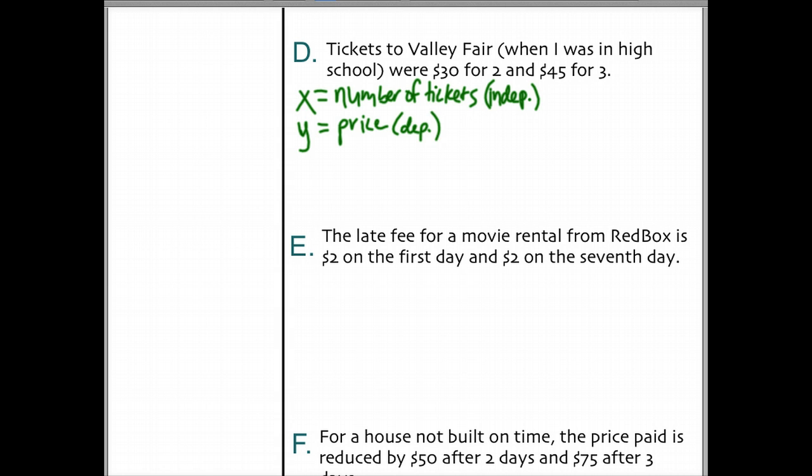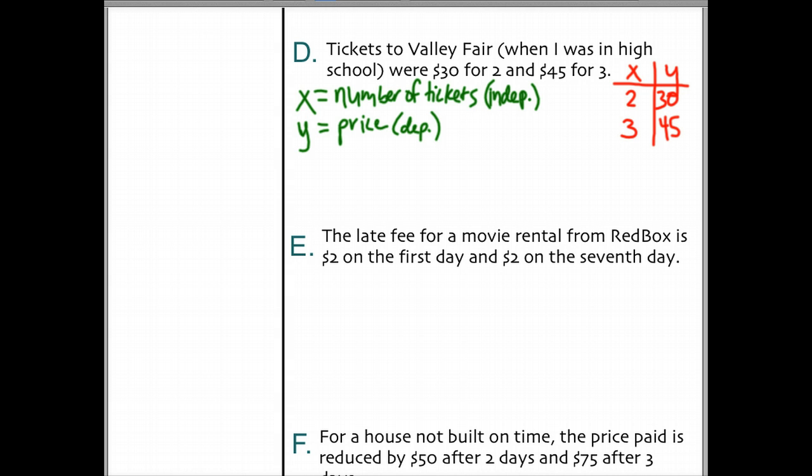Now we can make that chart here, x and y. Our first x value is when we have 2 tickets, and our price is $30. Our second x value is 3 tickets, and our y value is $45.